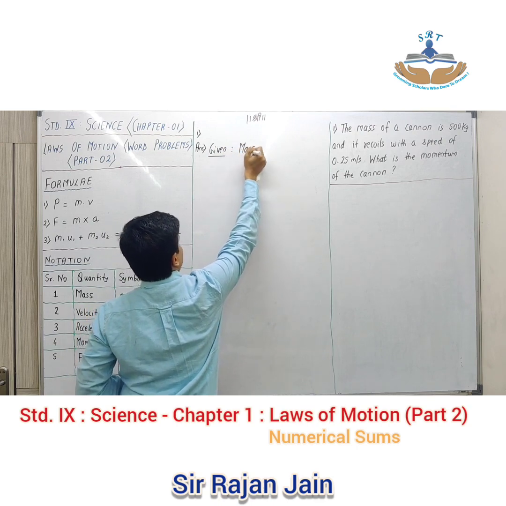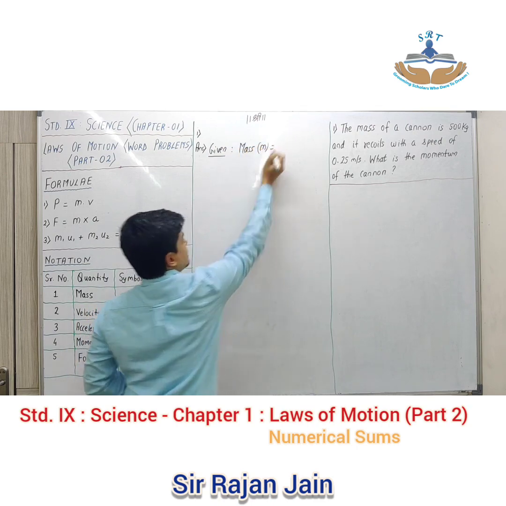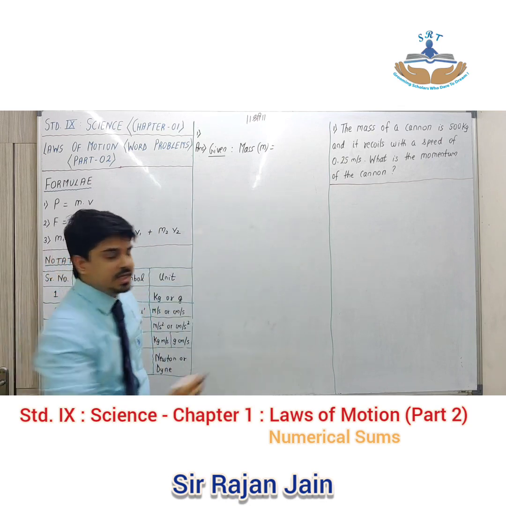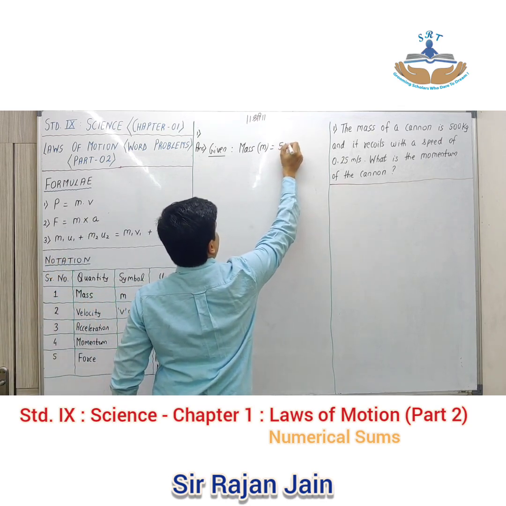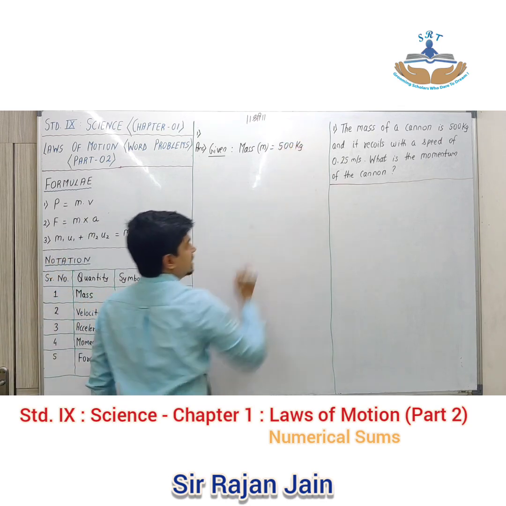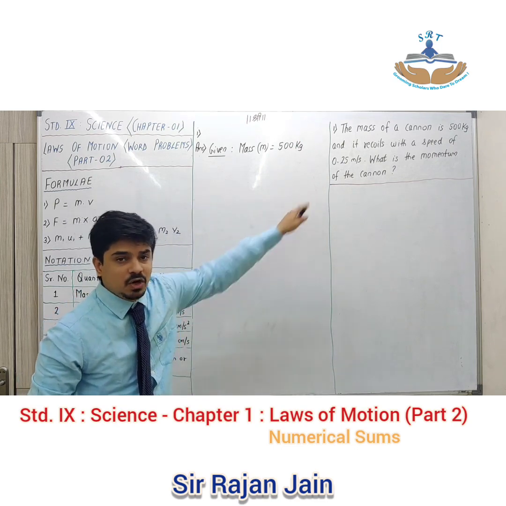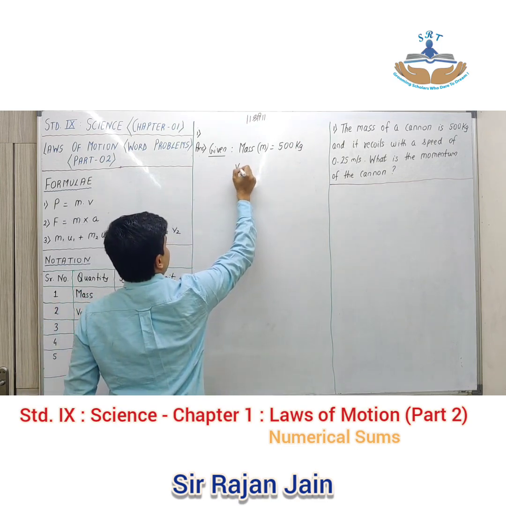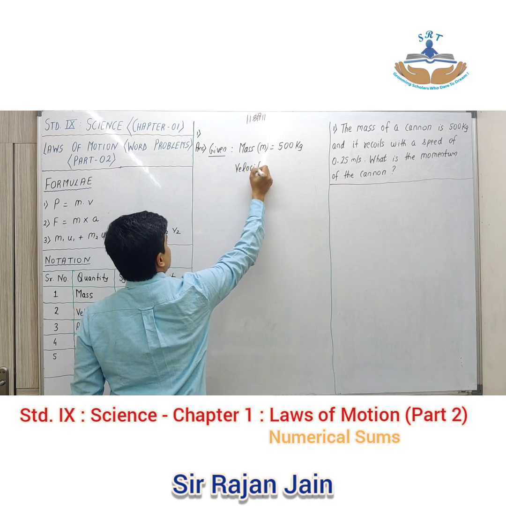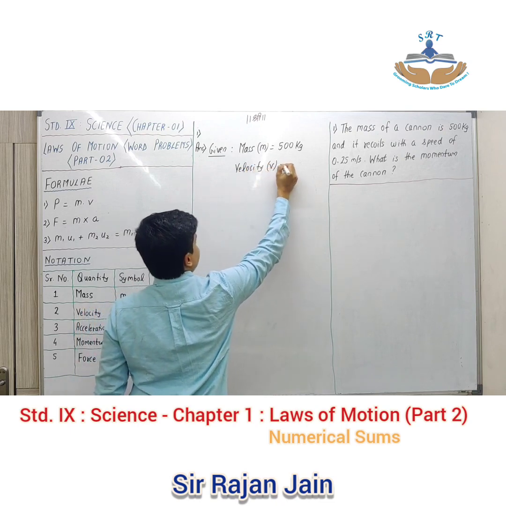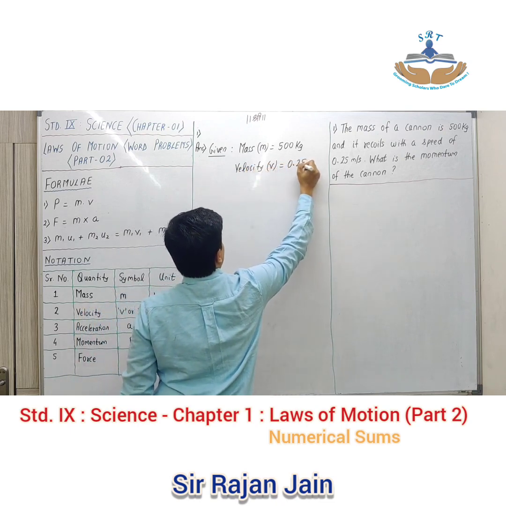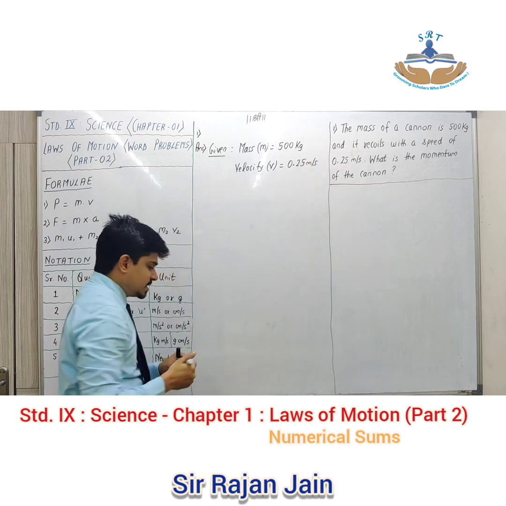First thing, mass m is given as 500 kg. So I write mass is 500 kg, it recoils with a speed of 0.25 meter per second, so that becomes your velocity. So I write velocity denoted by v is 0.25 meter per second.